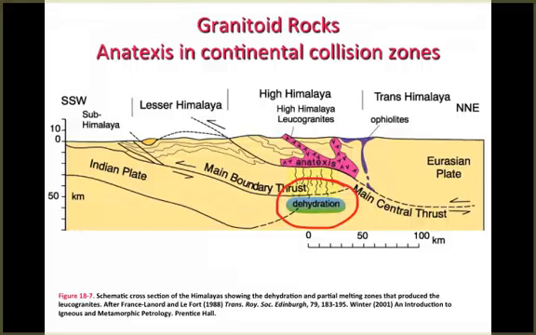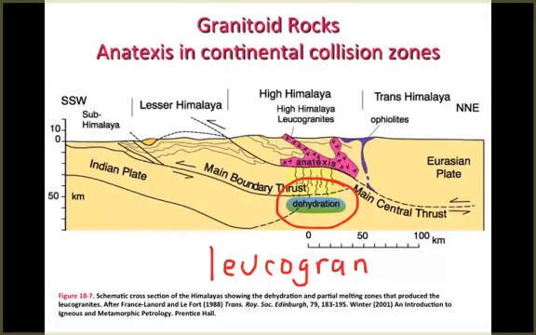That water then lowers the melting temperature of the continental crust in this case, and the partial melts of the continental crust are actually leucogranites. So where it says anatexis, that is the name of this process whereby you're generating fluids from metamorphic reactions and partially melting continental crust to get something called leucogranites.